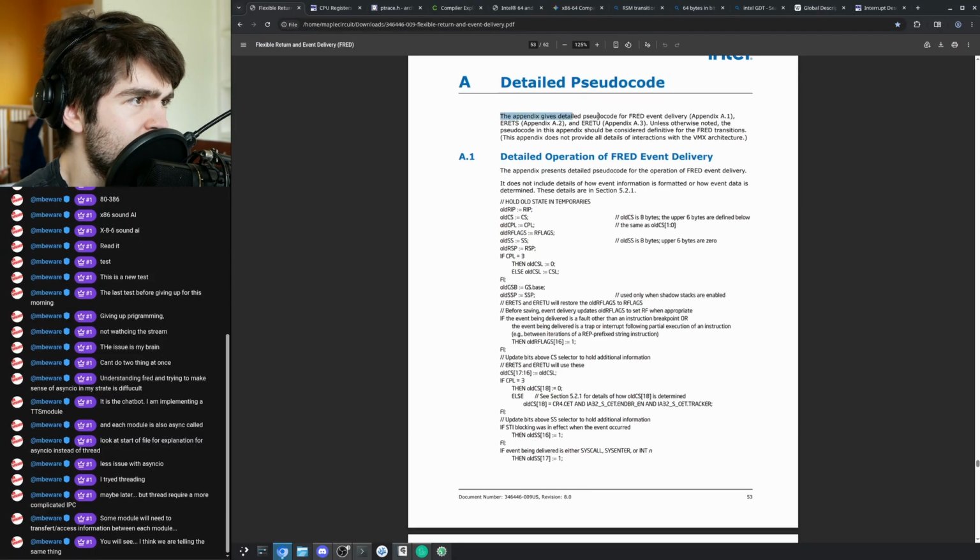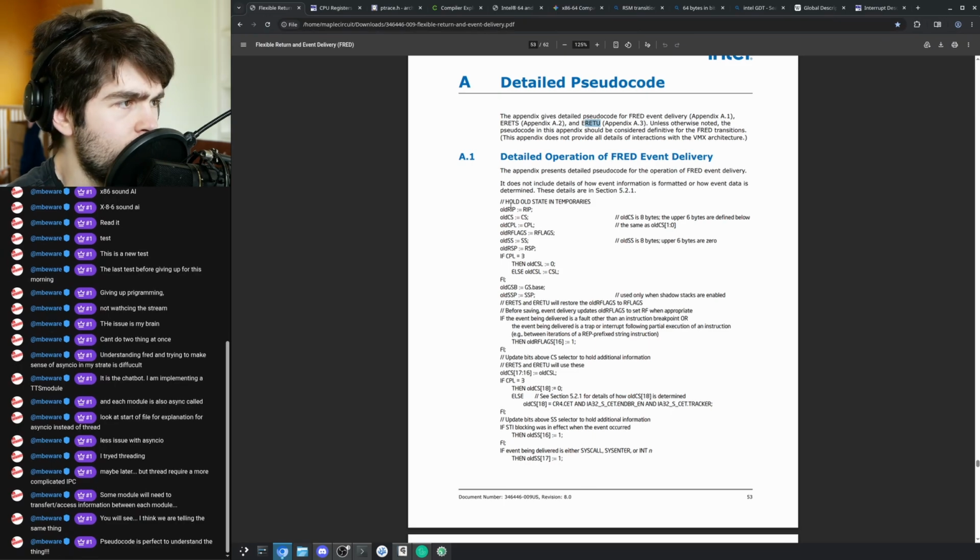Of course. This appendix gives detailed pseudocode for FRED event delivery, event return to system, and event return to user. Unless otherwise noted, the pseudocode in this appendix should be considered definitive for the FRED transitions.